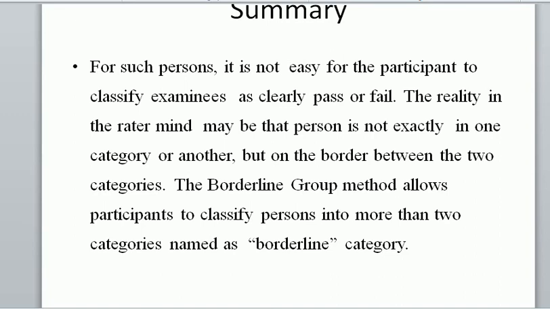It means the raters or judges are unable to classify a person as a true pass or a true fail. So the borderline group method allows participants to classify persons into more than two categories, with a borderline category.